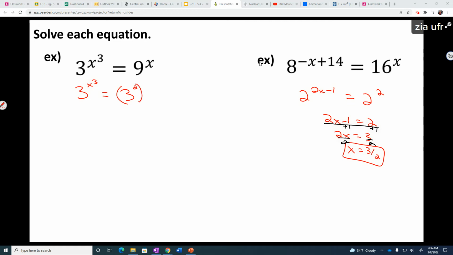I'm going to do this first step, but you could probably combine it into one step if you want to. 3 squared to the x. But then when we have a power to a power, we have to multiply these. So it just becomes 3 to the x cubed equals 3 to the 2x. So now we've got the same base, we can set the exponents equal to each other.